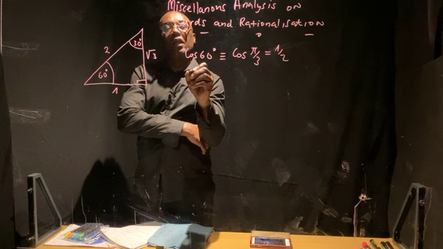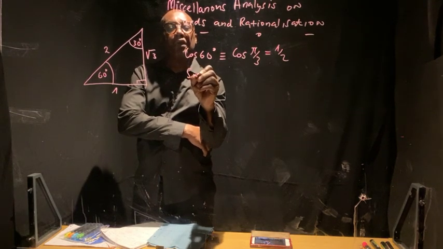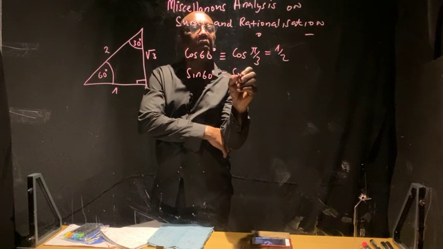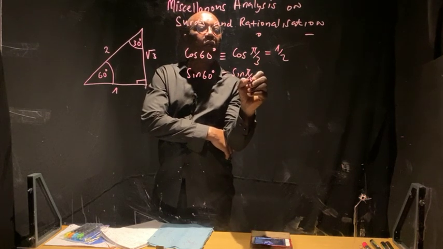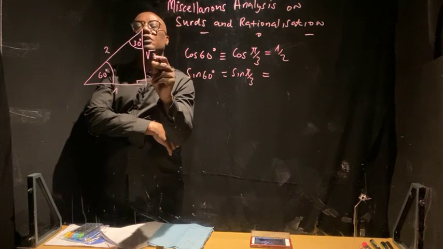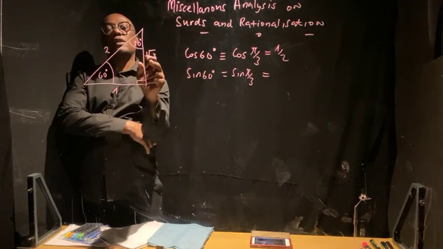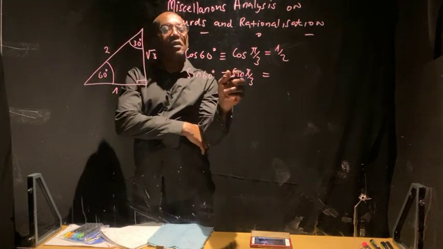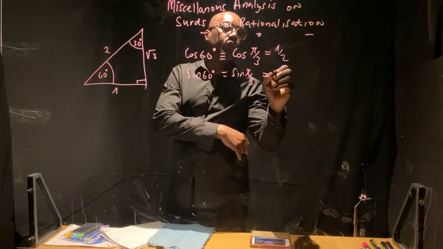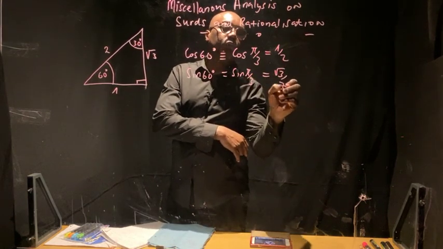In that same vein, if we want sine 60, which is the same as sine pi by 3, sine is equal to opposite over hypotenuse. In that case, sine 60 is root 3 over 2.